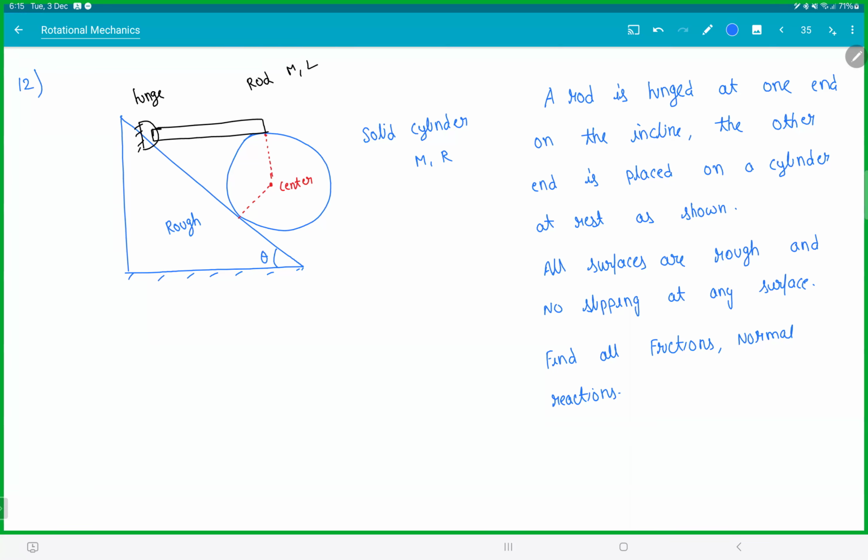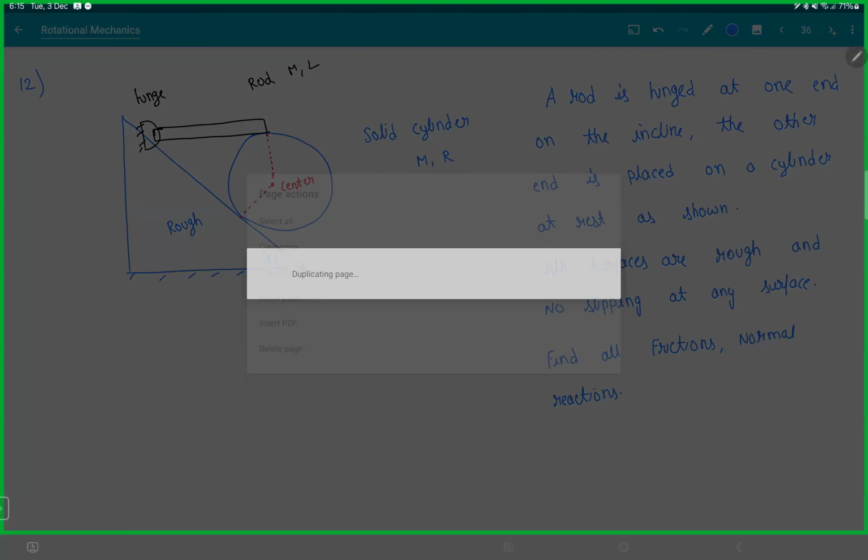Did you guys get the free body diagrams? There, let me show you the FBDs. You check the FBDs whether you got that right. If you mess up your FBD, the whole game is gone.